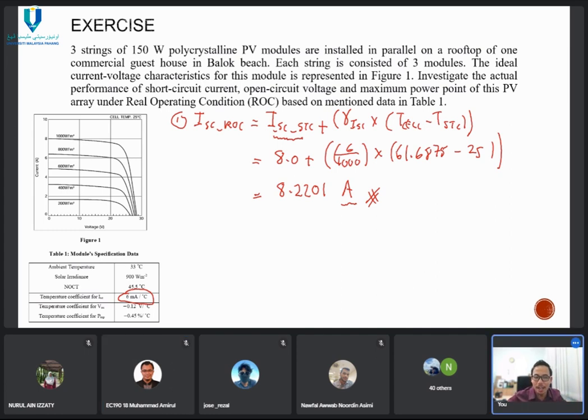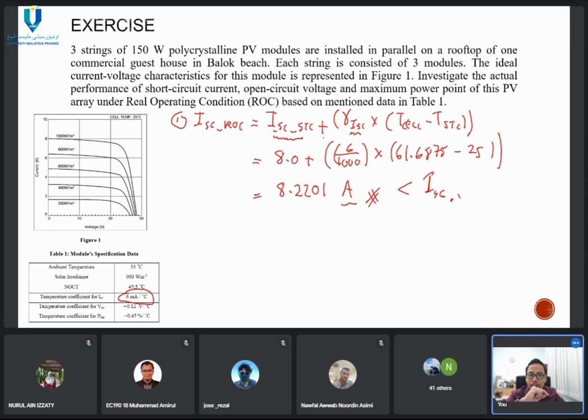Ulang balik. Kenapa tak boleh? Tak boleh. Sebabnya nilai ini tetap positif macam mana pun. ISC only positive value. They are not becoming the negative value whatever it is. If your ICROC is less than ISC, let's say you get this kind of value, means that you are totally 200% wrong, because the ISC will be positive in whatever condition.